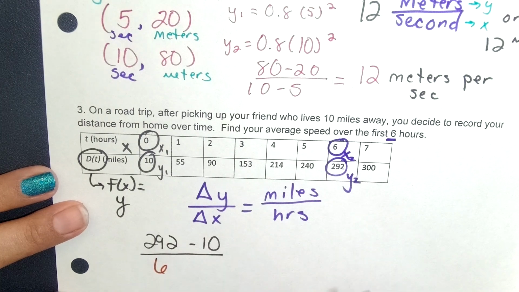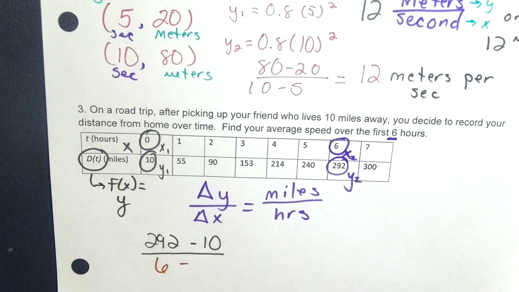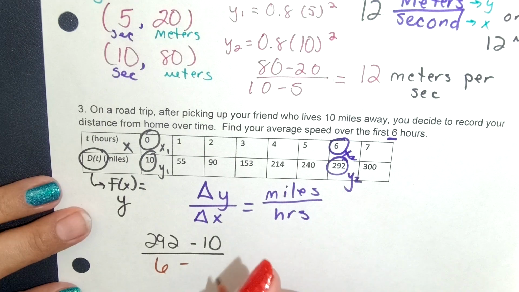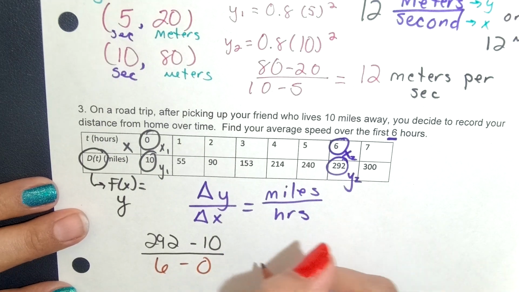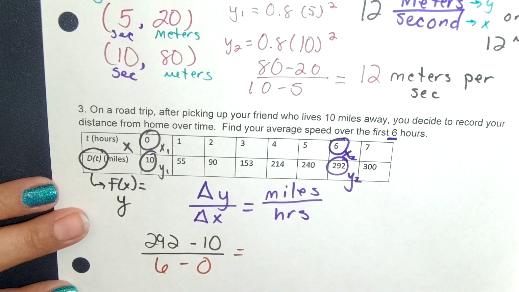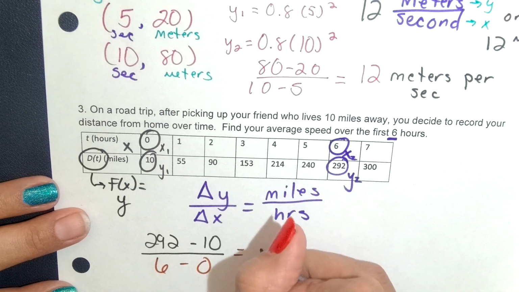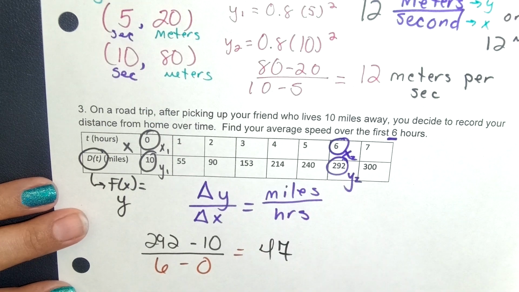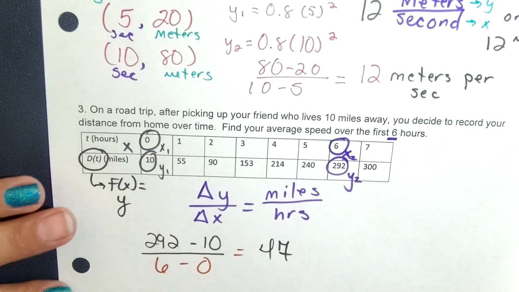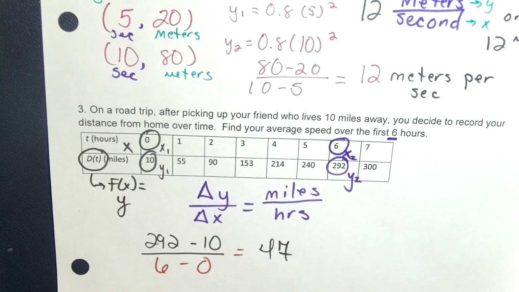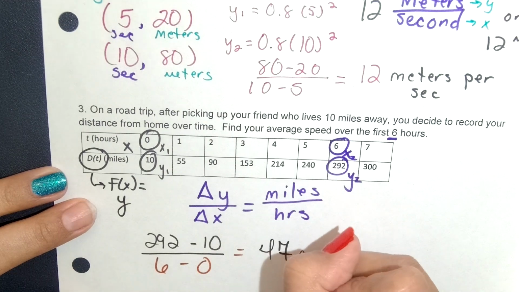Six minus 0. We put this into the calculator and you get 47. Is that the final answer? Why? You need units. What are my units? Miles per hour.